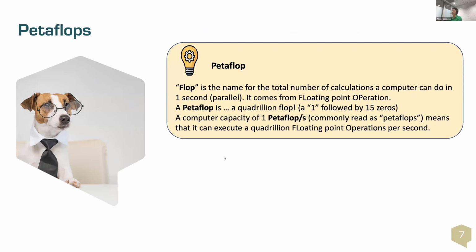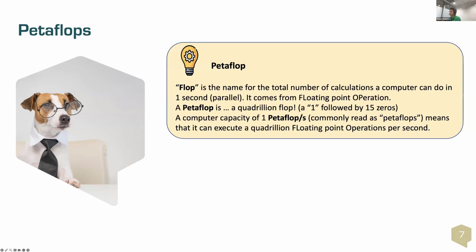How many operations of that kind can a computer do? This floating point operation is what is called a flop. Now supercomputers are in the order of petaflops per second. A petaflop is 1 times 10 to the 15 operations.